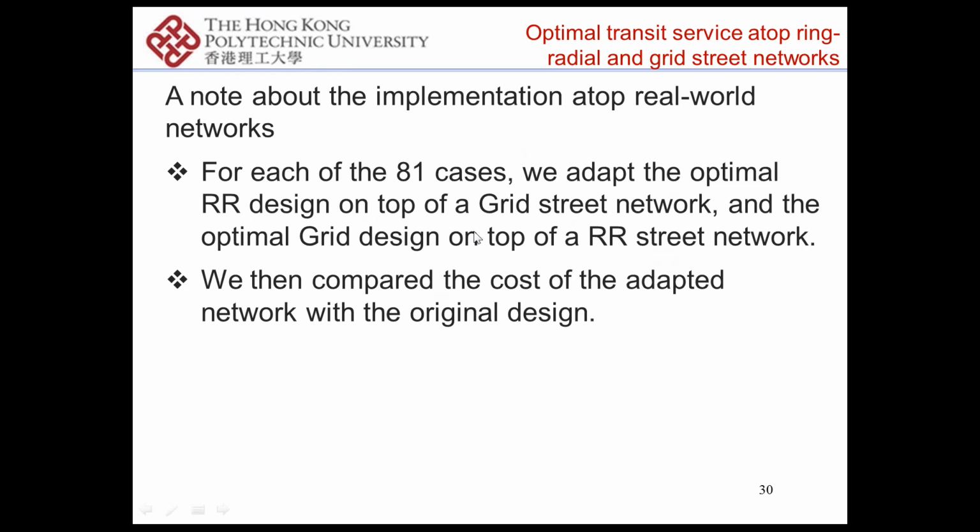So that means if we totally mistake the network type, we just apply the wrong network, what happens? We compare the cost of the adapted network with the original design, and here we show the results.